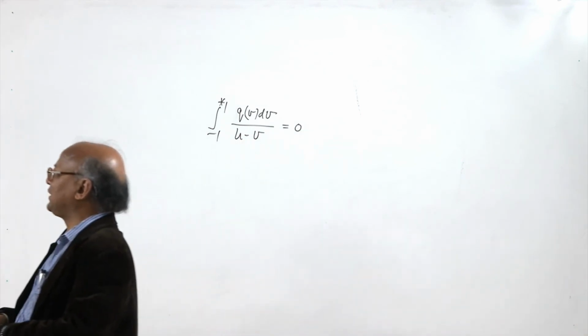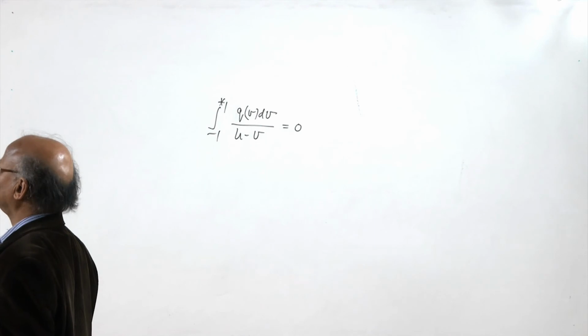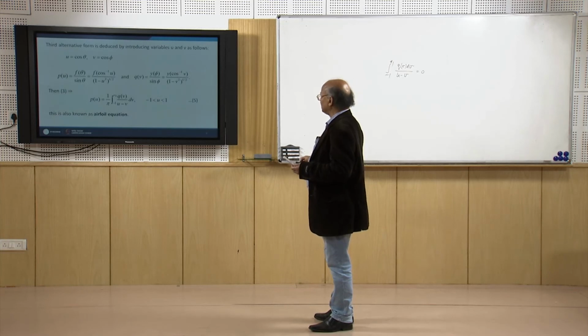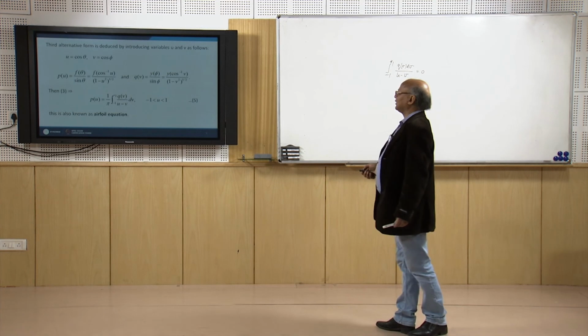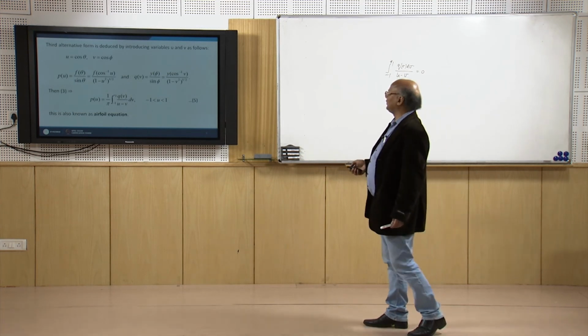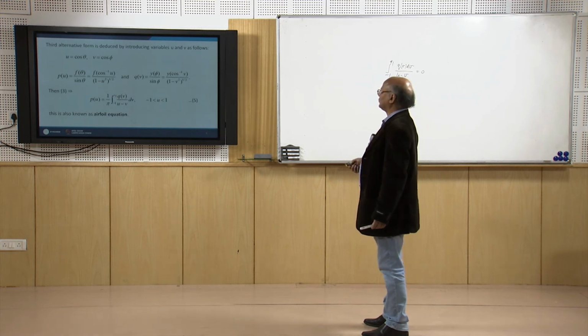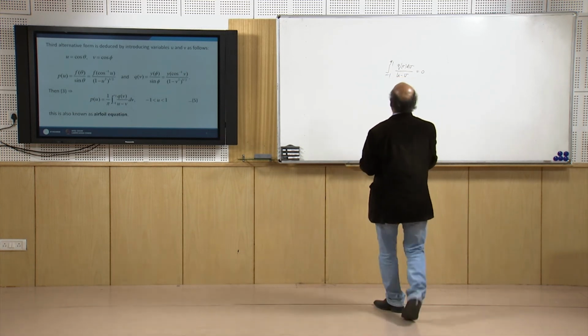Now, let us compare it with the third alternative form: p(u) equal to 1 over pi integral over minus 1 to 1 of q(v) dv upon u minus v. Comparing, we have p(u) equal to 0.